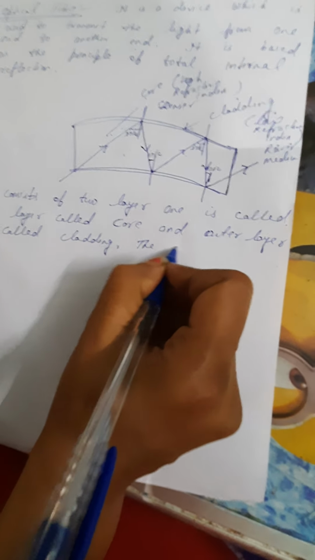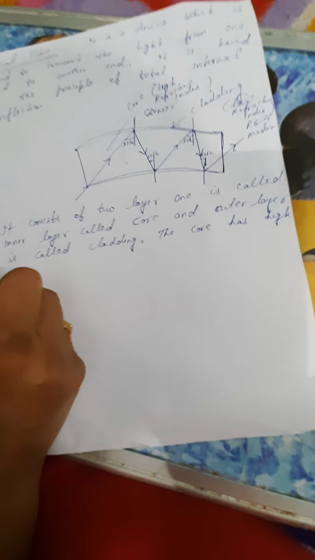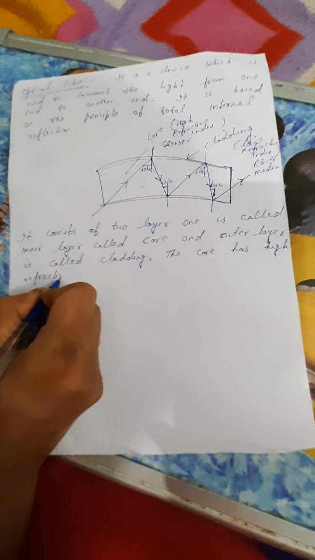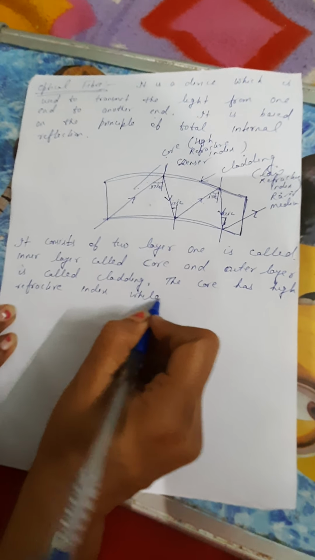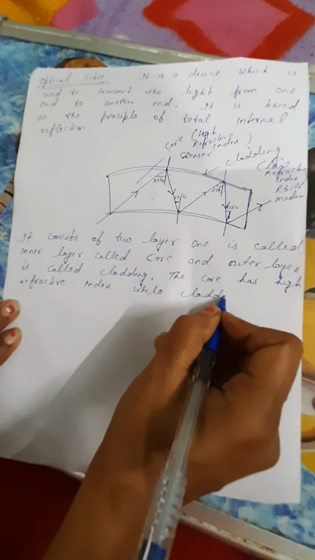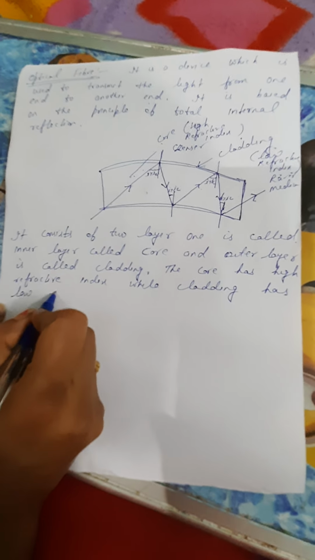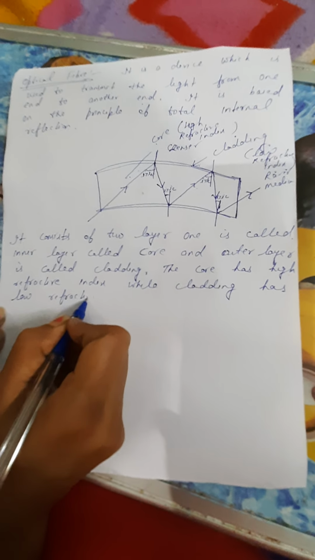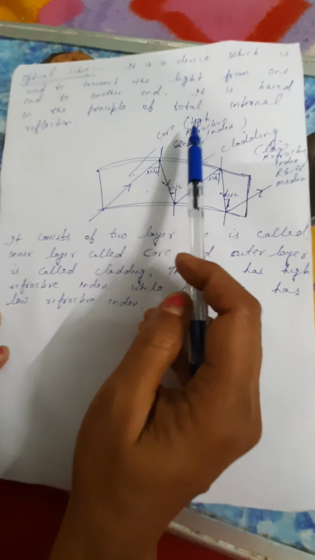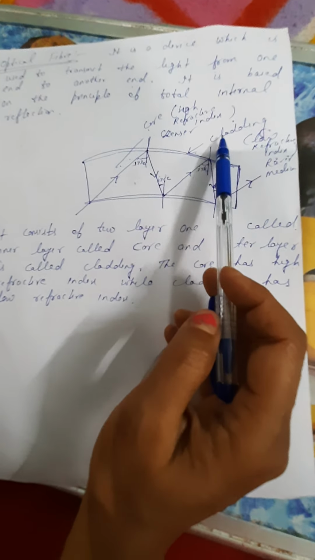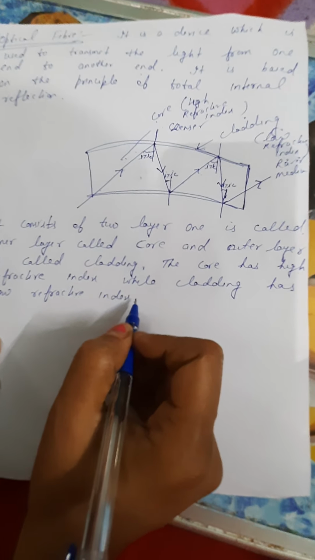The core has high refractive index, while the cladding has low refractive index. Okay, core has high refractive index, so it would be considered as the denser medium, and cladding has low refractive index, and it will be considered as the rarer medium.